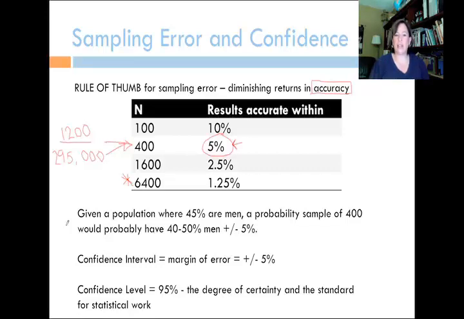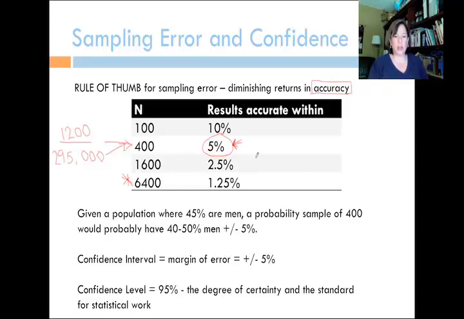The confidence interval, which is also called the margin of error, is plus or minus 5%. This is what that 5% means. That's the confidence interval. So in this other term, this confidence level is 95% at that 5% margin of error.